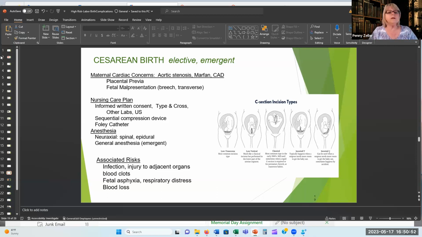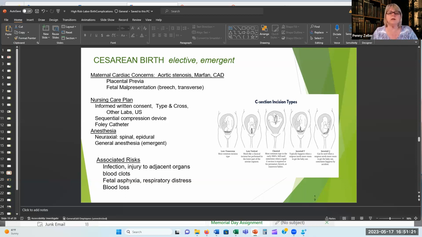We could do a C-section with spinal anesthesia too. And of course, if it's an emergency, we do general anesthesia. With general anesthesia, they need to go through recovery after the procedure for at least an hour. So this inhibits that bonding time, skin to skin with mom right away.